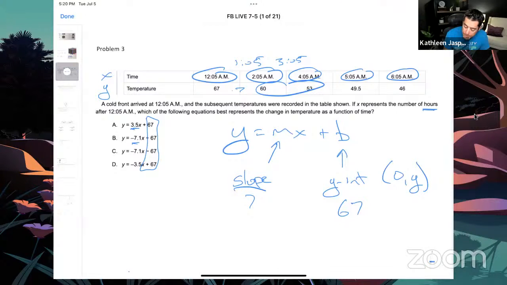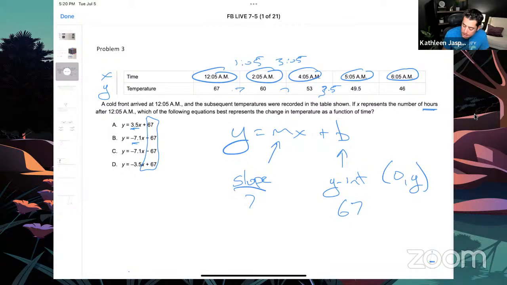And again, see how this is 67 to 60, so it's going down. And then 60 to 53, that's 7 here. And then when I get to here, the difference is, what is it, 3.5, right? 3.5.